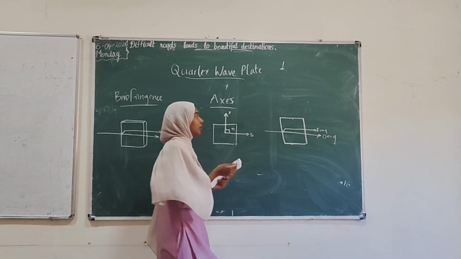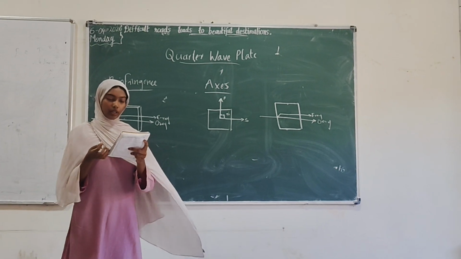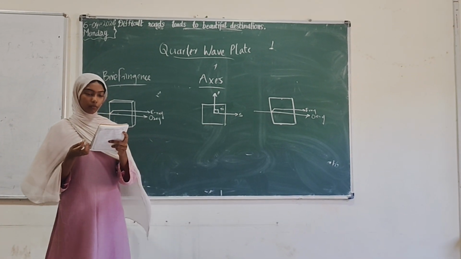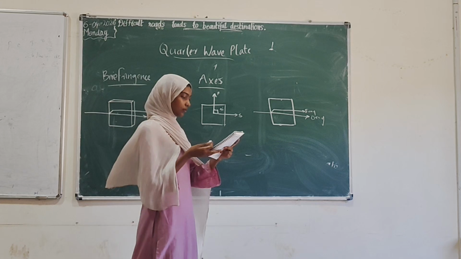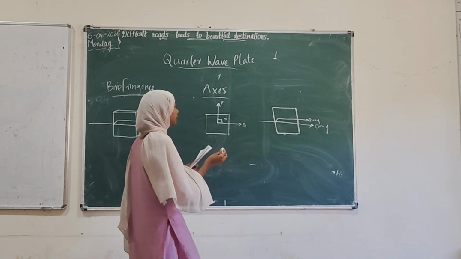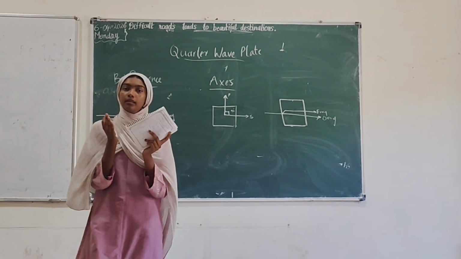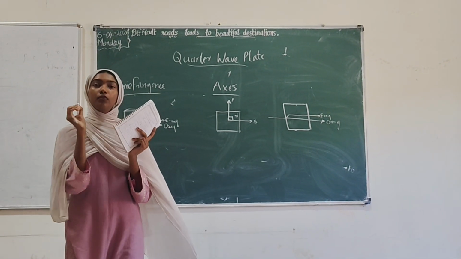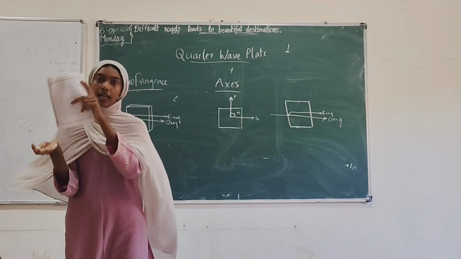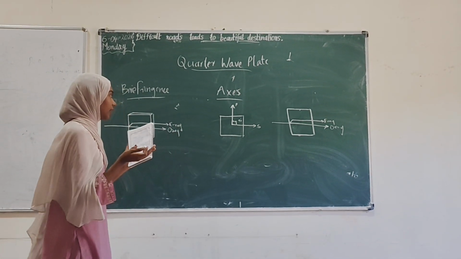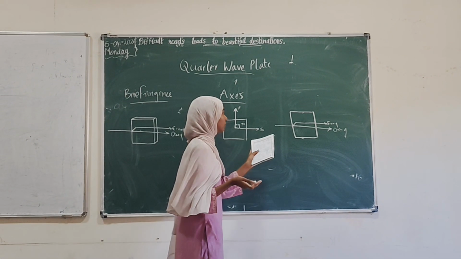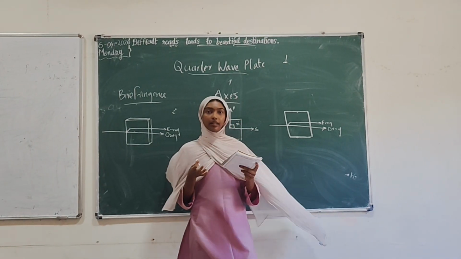And what will be the output produced? If the input plane polarized light is making an angle of 45 degrees with the axis, it will give circular polarized light.